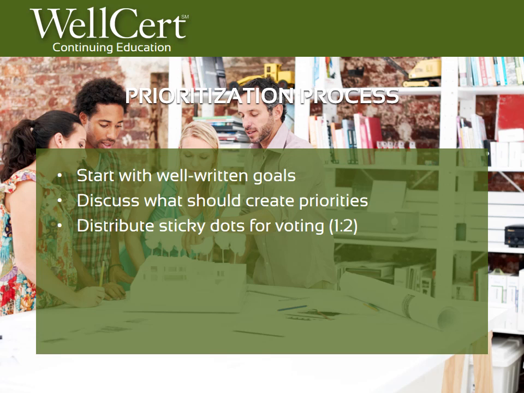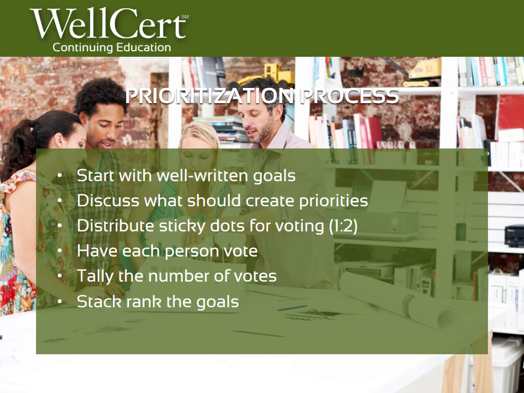So that's how I would do some tie breaking. Or I may go back to my reasons for creating the priorities or the underlying implication of what those issues are, and then have people re-vote amongst those specific elements. So I can then get a clear priority, a stack rank where you go from 1 to 10. Have each person vote, tally the number of votes, stack rank the goals, and discuss the implications of the order of the priorities.